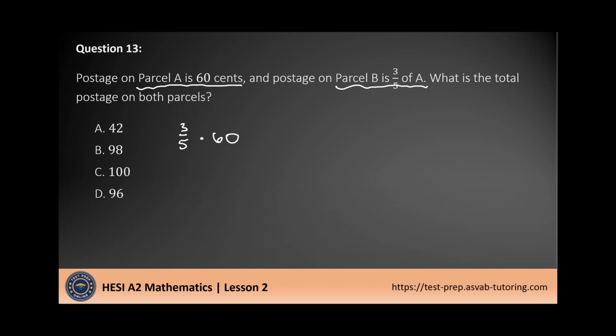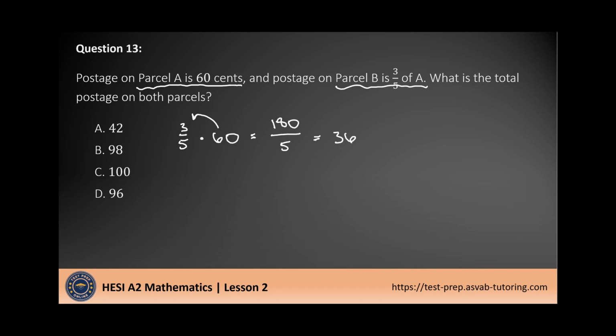Again, multiplying a whole number by a fraction, the whole number multiplies by the numerator only. So this becomes 180 over 5, which is going to be 36. You could long divide, or you could just say 5 goes into 10 twice, and then 10 goes into 180 18 times.